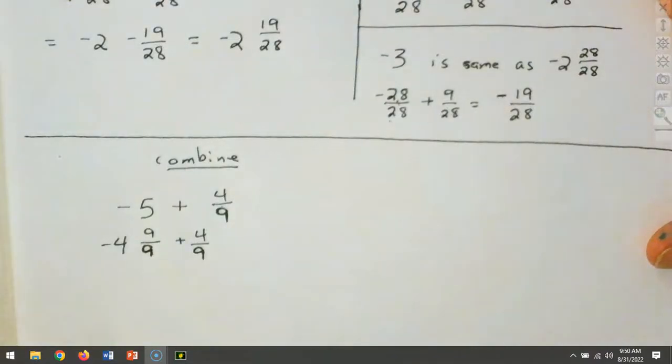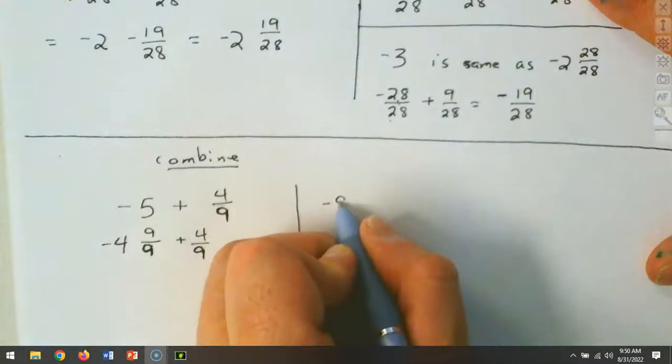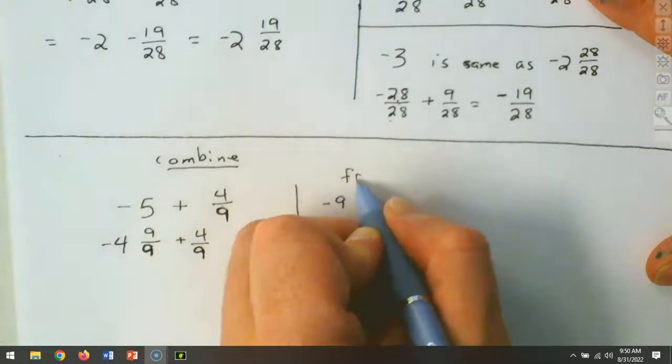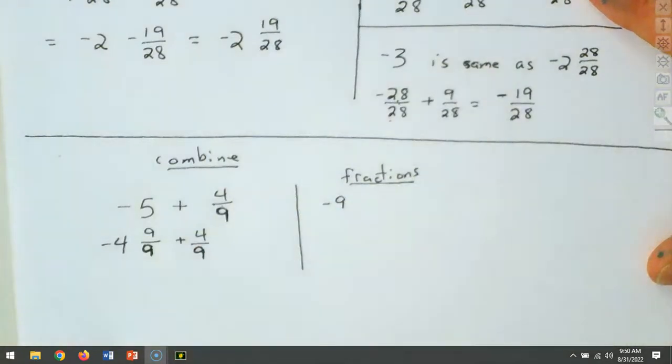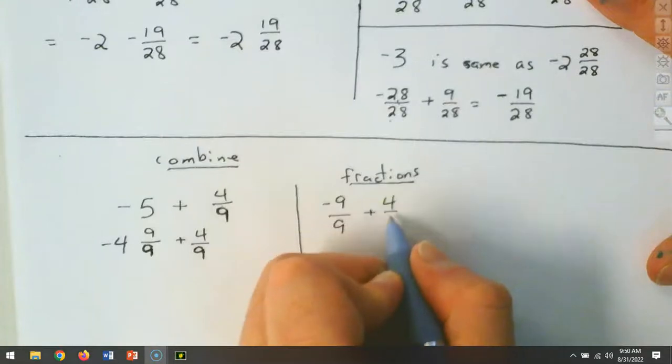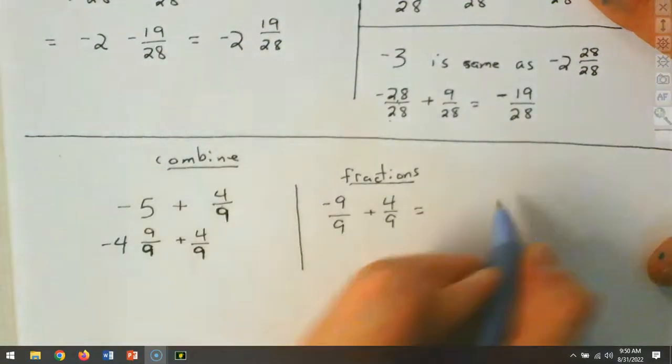Now we can put these together. And what do we have now? For the fractions, because we don't have any whole numbers, we have a minus 9 over 9 and a positive 4 over 9. Minus 9 plus 4. What's my sign going to be? Positive or negative? Negative.